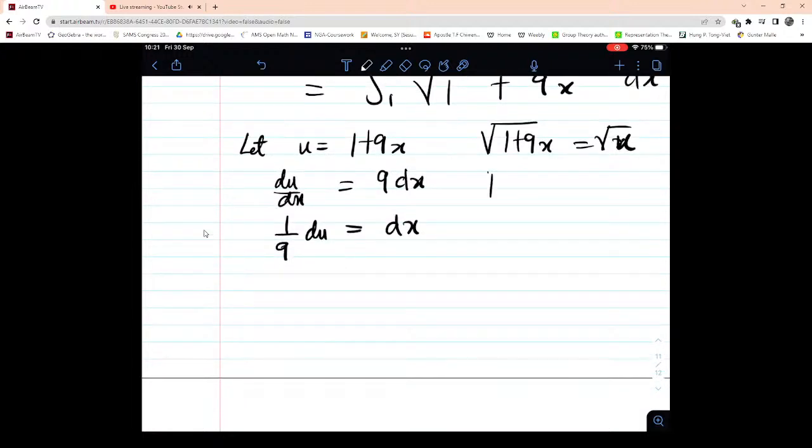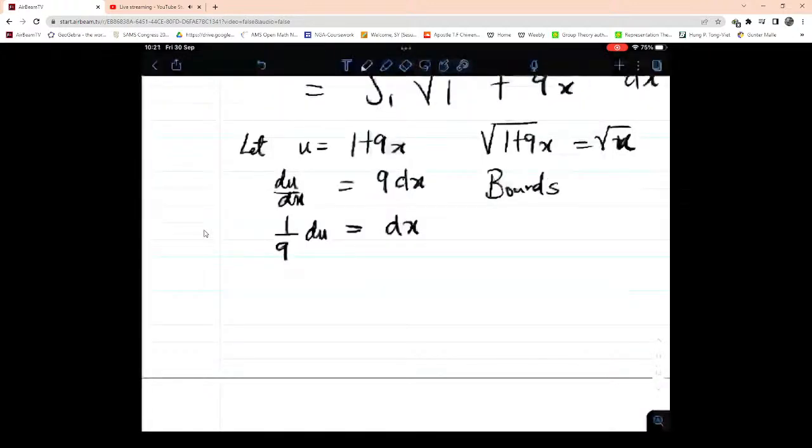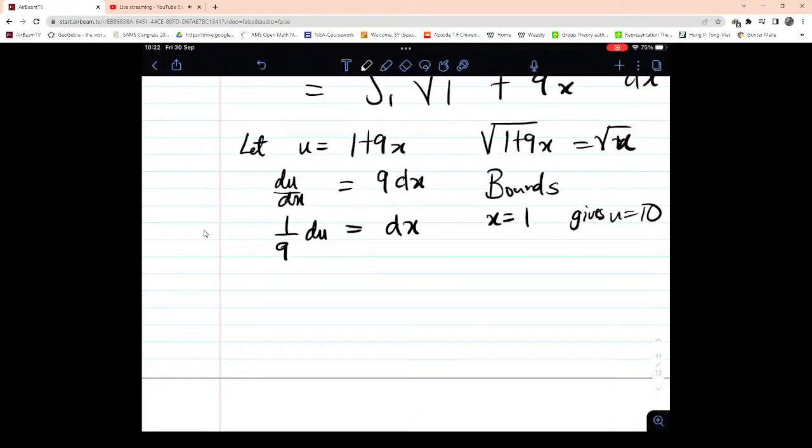Since we have done the substitution, we need to change our bounds. x equal to 1 gives u equal to 10, and x equal to 3 gives u equal to 28.